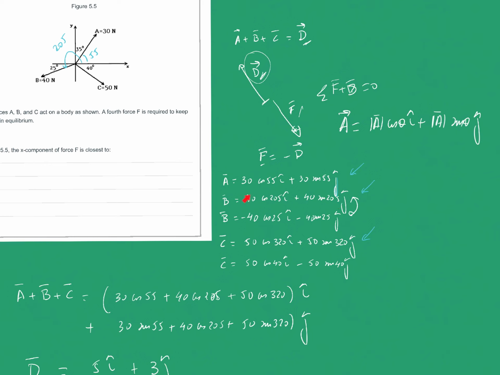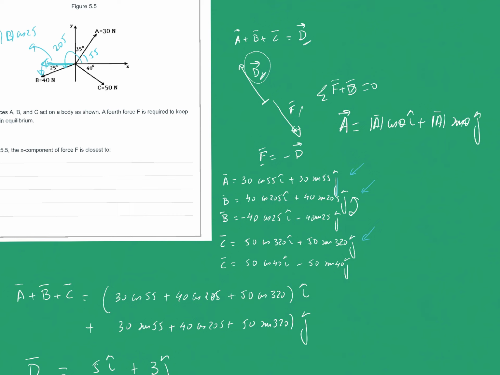The training that I have given you is to realize that V also can be written as the sum of two vectors. And what are the two vectors that made V? V is the sum of this one plus this one. This one is magnitude V, 40 cosine of 25.